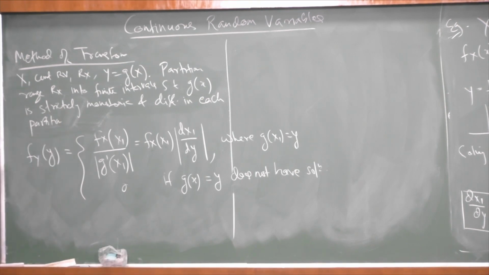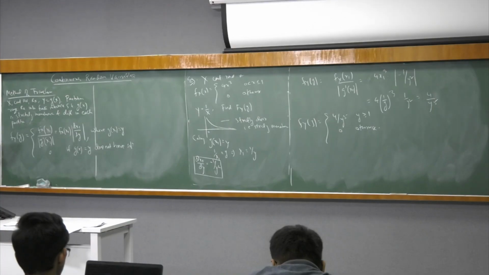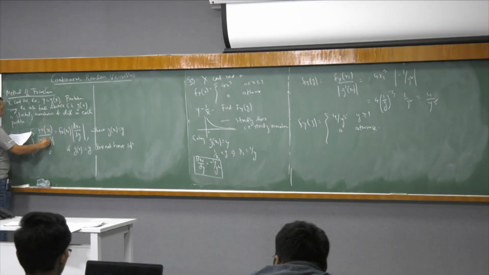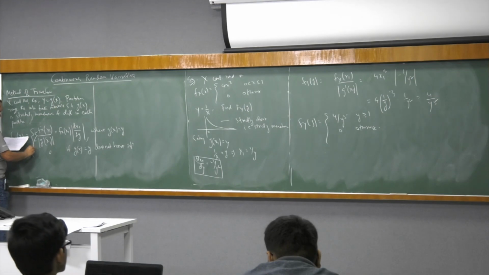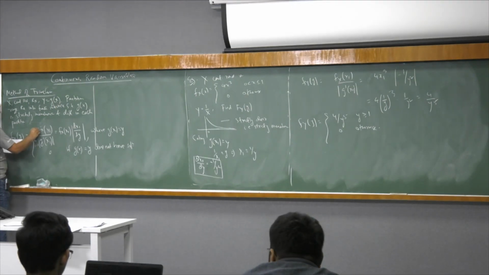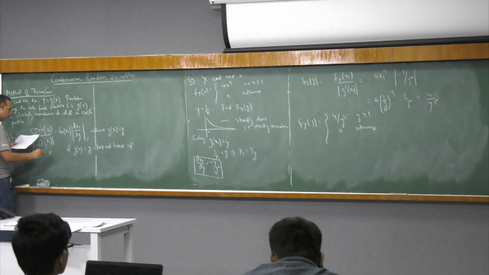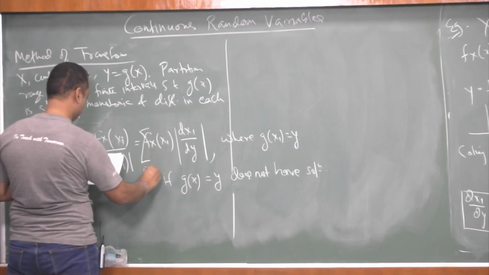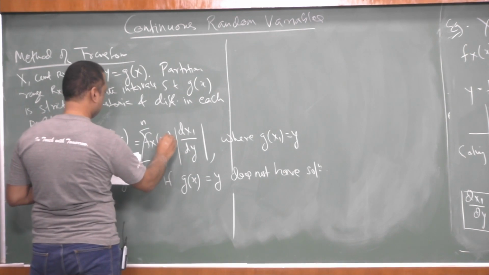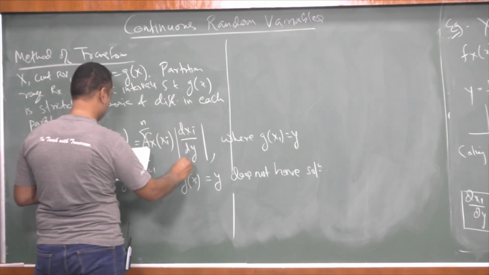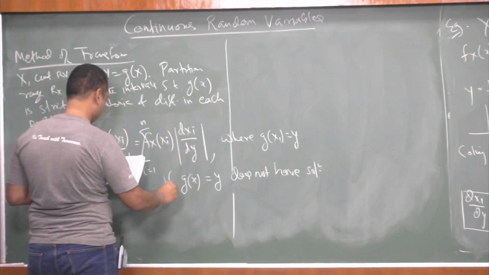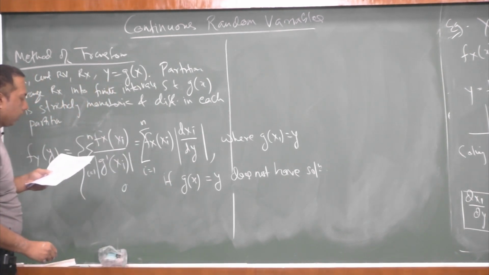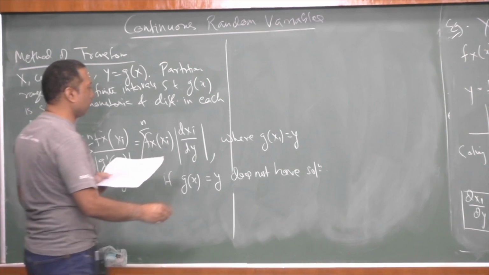Then the PDF is given by f_Y(y) = f_X(x_i) summed over each of the partition, i equals 1 to n, and then I can also put a sum here: the sum over i equals 1 to n of f_X(x_i) |dx_i/dy|, where g(x_i) is y.